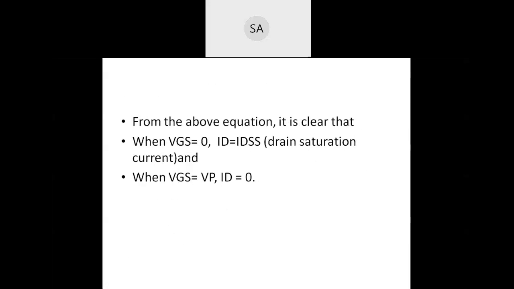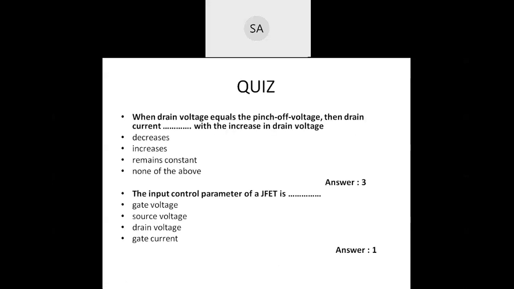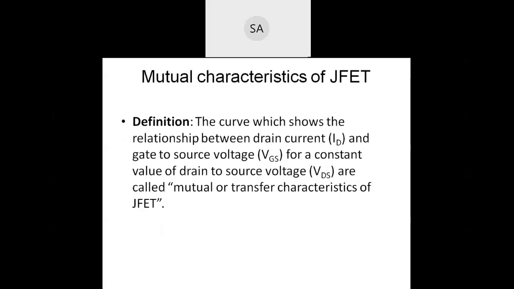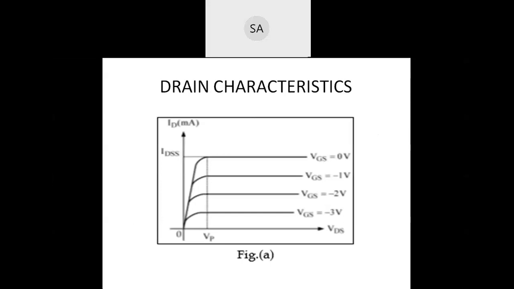When VGS is equal to 0, ID is equal to IDSS. When the gate to source voltage reaches VP, for example minus 3 volts, then VGS is equal to VP and ID becomes 0. Whenever VGS is equal to VP, the cutoff region starts.